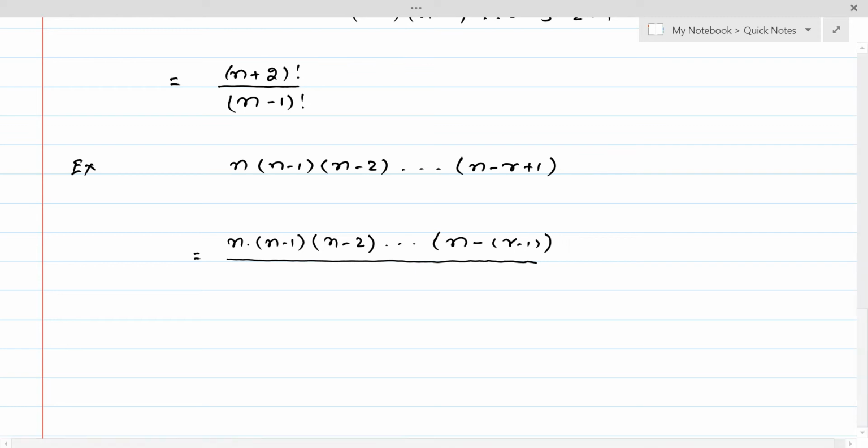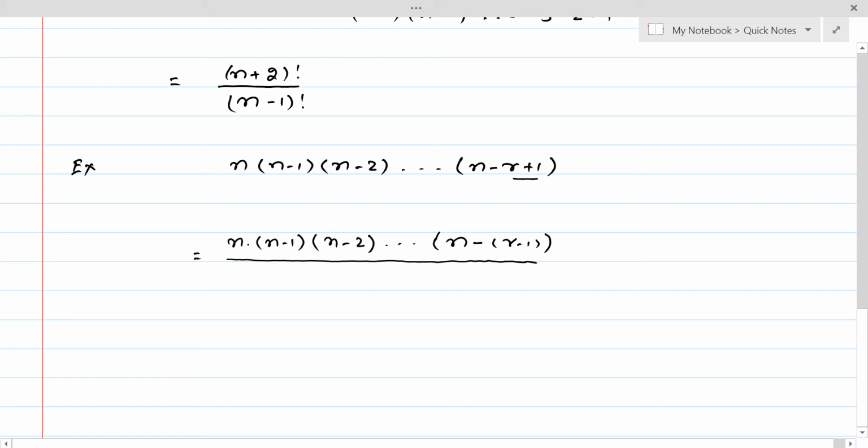You can think of the last factor as n minus (r minus 1), where we have taken a negative common. So what is the number that will come next to it? The next number is definitely going to be n minus r, because we have to subtract 1 from it.